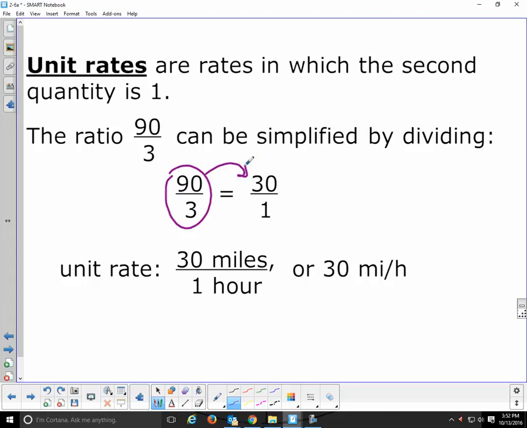That's much more common. If you're going down Bridge Avenue at 30 miles an hour, most people don't say, I was going down Bridge at 90 miles per 3 hours. That's just not our common way of comparing things. So a unit rate is a rate where the second quantity is 1.